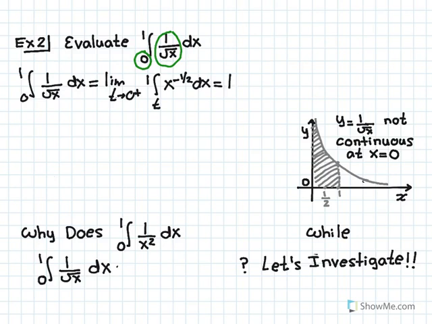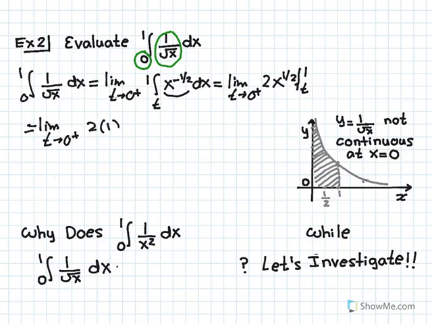This is equal to the limit as t approaches 0 from the plus side. Now, what do we do? Well, we reverse the power rule. So integrating x to the negative 1/2, we get x to the negative 1/2 plus 1, which is 1/2. And dividing by 1/2 is the same thing as multiplying by 2. Evaluated from t to 1. And that's going to give us, put the upper limit in, and don't forget the limit as t approaches 0 from the plus side, 2 times 1 to the 1/2 minus 2 times t to the 1/2.